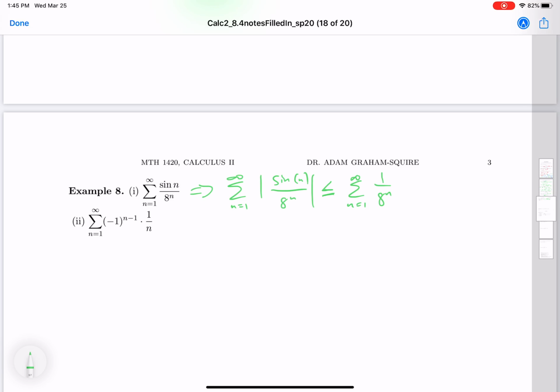And this thing converges, and how do we know it converges? It's geometric with r equals 1 over 8. And this implies that the series sine of n over 8 to the n is absolutely convergent.